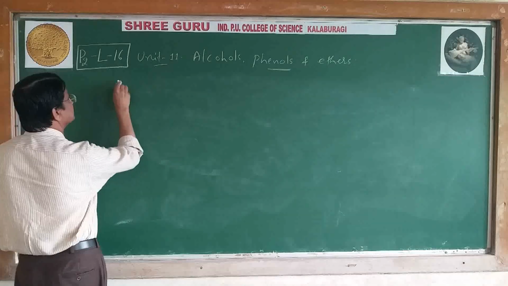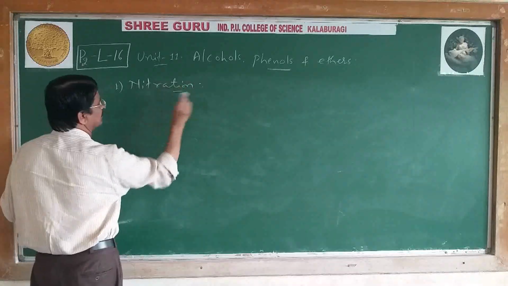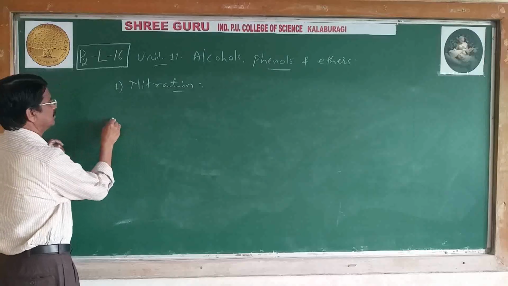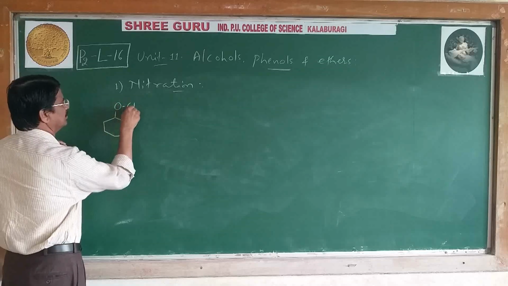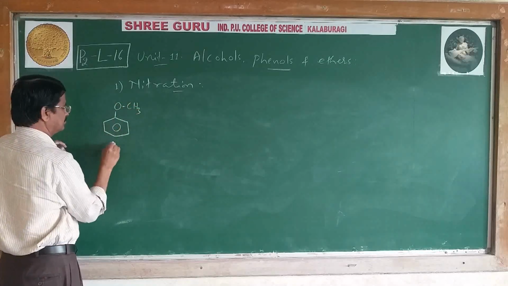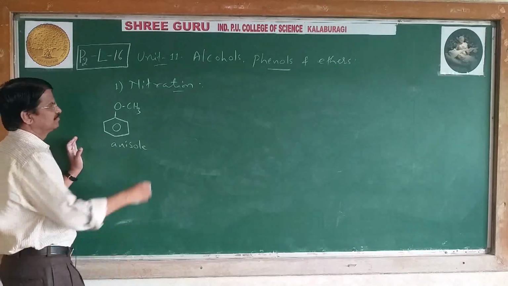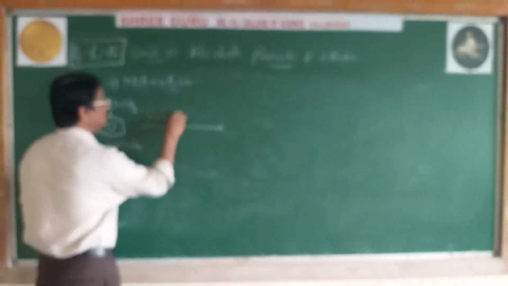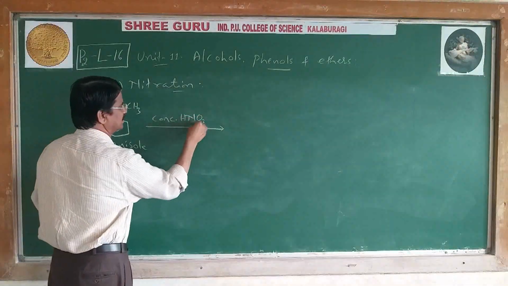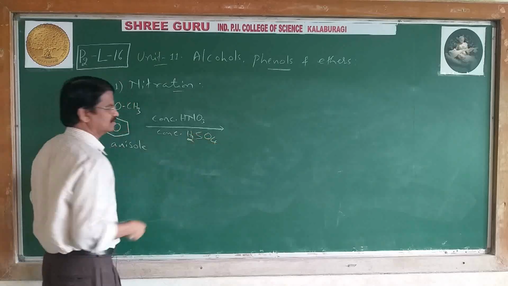First one, nitration. In nitration, first we take the molecule anisole and make it react with concentrated nitric acid and concentrated sulfuric acid.